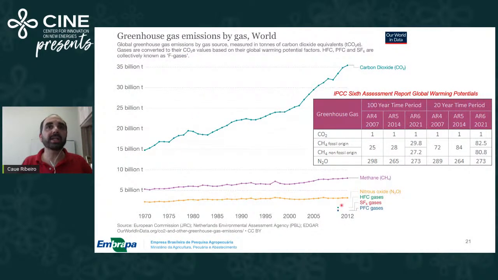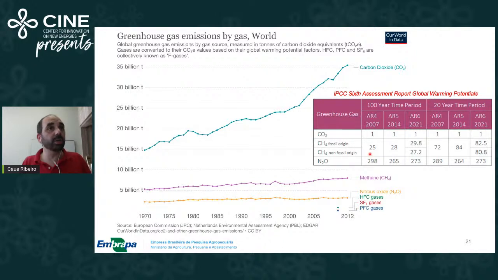You can see that the emissions of nitrous oxide are too low compared with the emissions of carbon dioxide in terms of amount, but when corrected by the equivalent greenhouse effect that they have, we need to multiply this amount of emission by 300, which means that the effect of 1 mole of nitrous oxide in the environment is the same as 300 moles of CO2 in the environment.